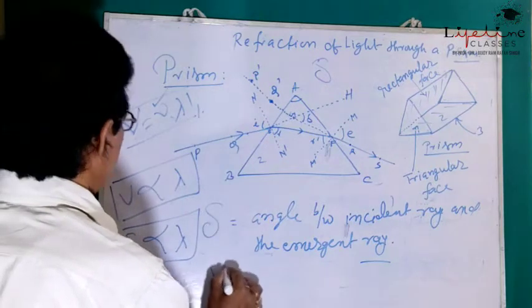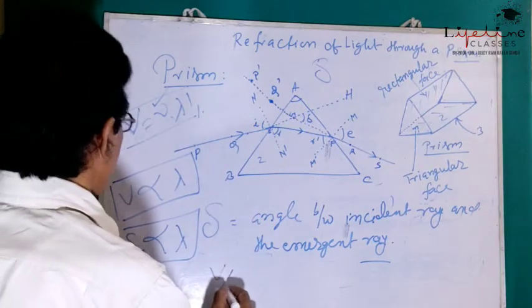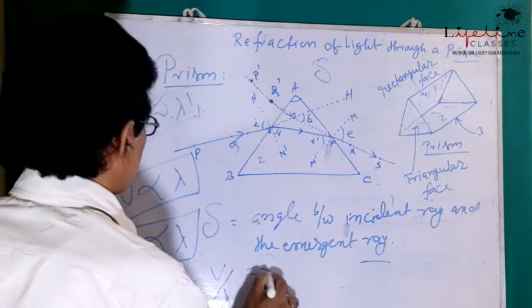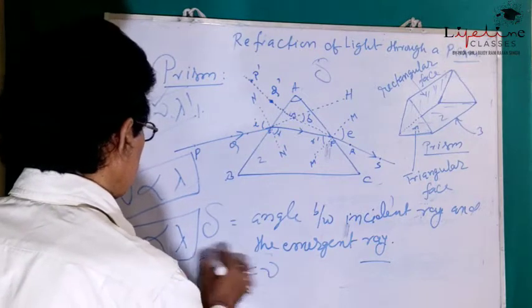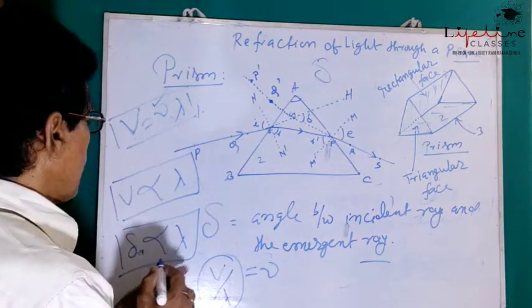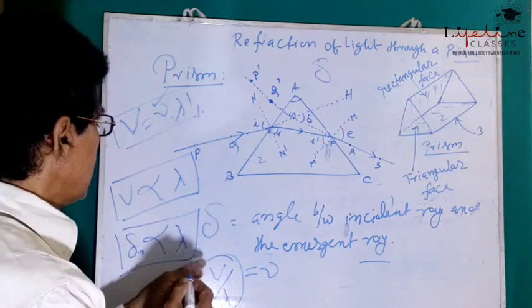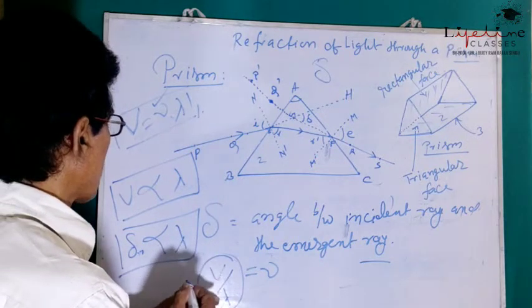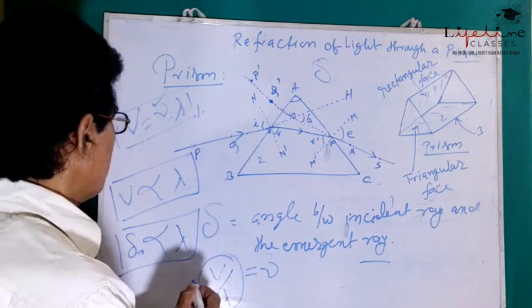So there is an inverse relation between the angle of deviation and the velocity of light. From this, V by lambda equal to nu, constant. If the velocity of light in air is constant, then nu is proportional to lambda.